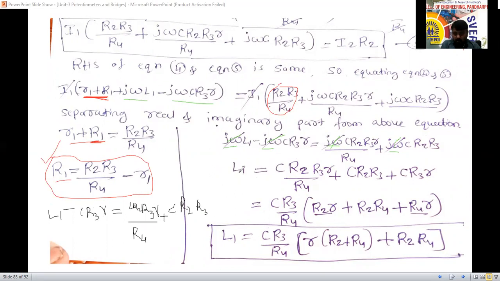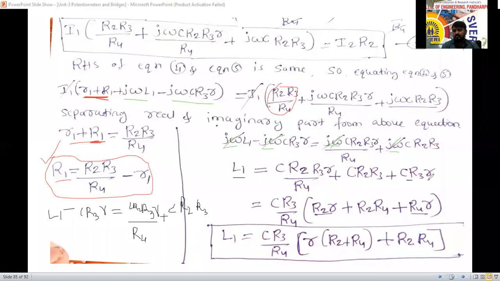So L1 equal to the same term C R2 R3 into R divided by R4, I will keep as it is, plus C R2 R3 I will keep as it is, and when I send it to the RHS side, it will become plus C R3 into R here.